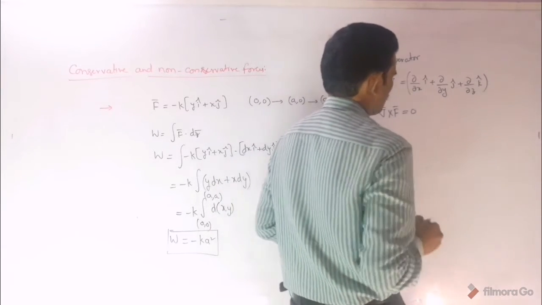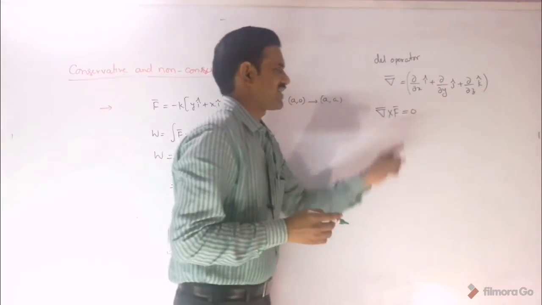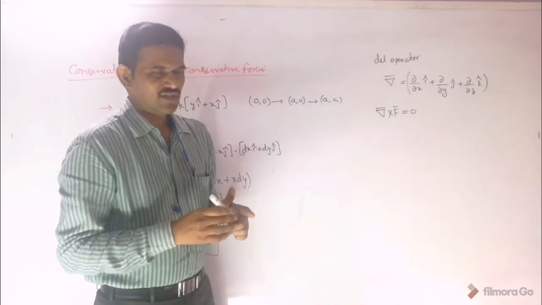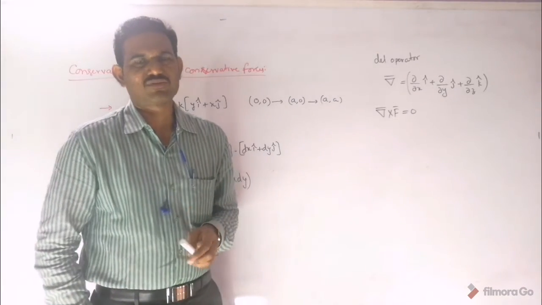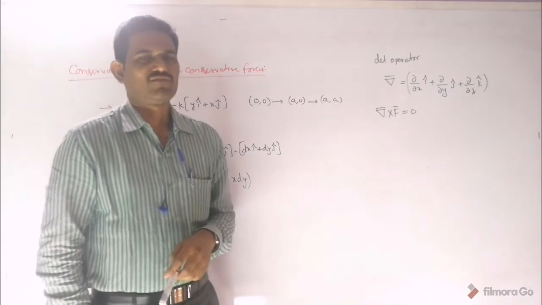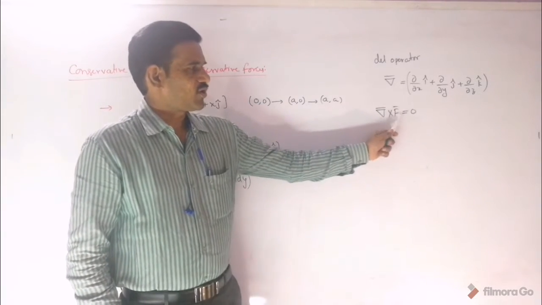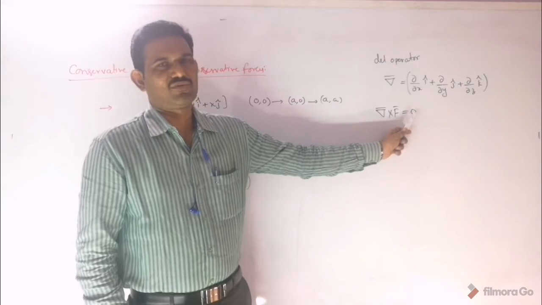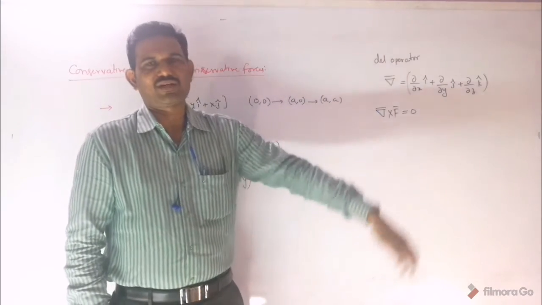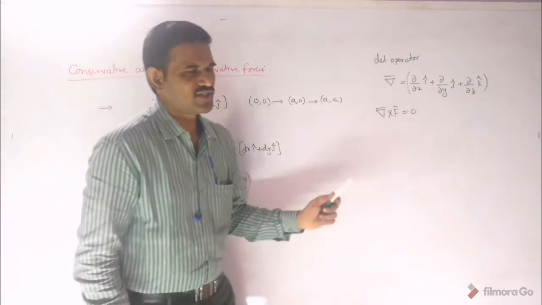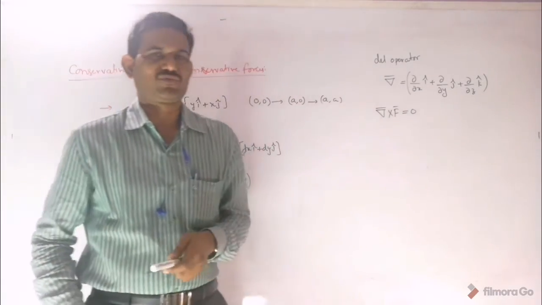So just mention that. The given force will be a conservative force if del bar cross F bar is equal to 0. That means if the cross product of the del operator and F bar is 0, then it is said to be conservative. If it is non-zero, then it is a non-conservative force, right?